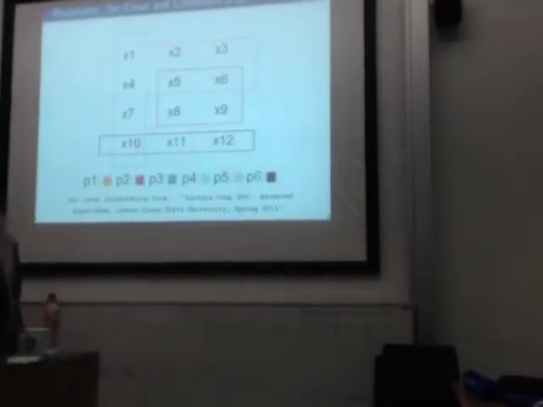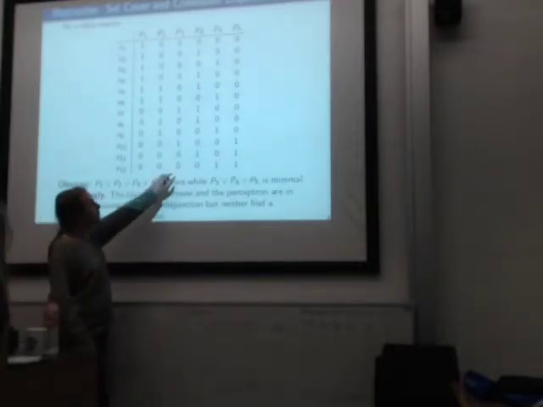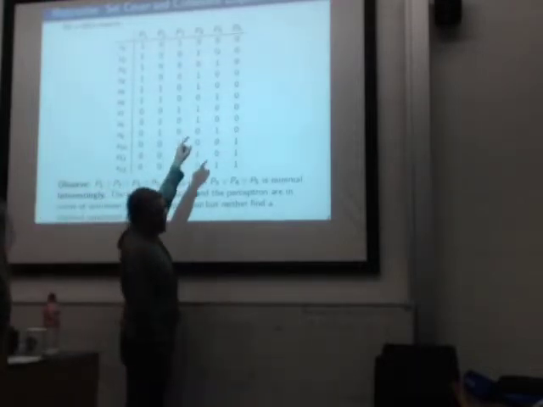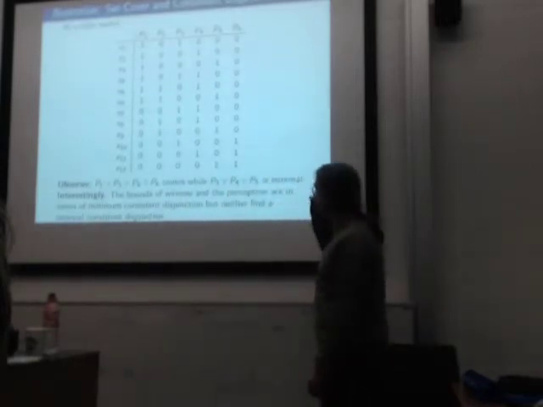Okay. So going back to this table now, P3, P4, P5, for instance, in the previous set, is a set cover. That also corresponds to a consistent disjunction, where this is a set of only positive examples.